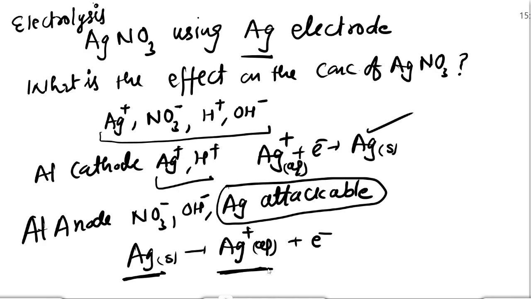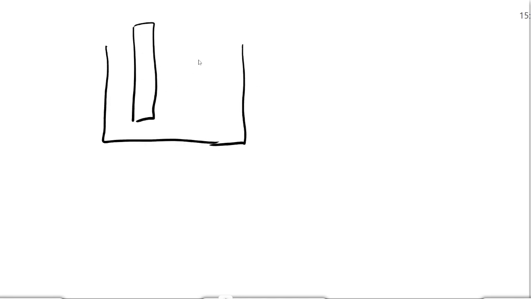Only difference is the mass of the cathode goes on increasing, mass of anode goes on decreasing, and concentration of silver ion in the solution remains the same, because it is just purification of silver. Just like purification of copper you have done in class 10th.